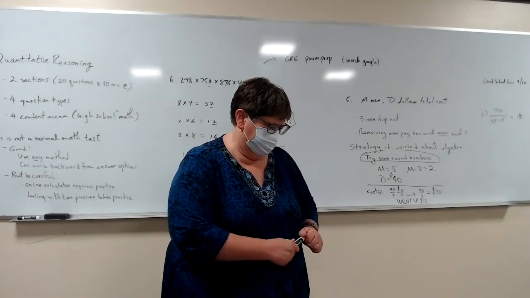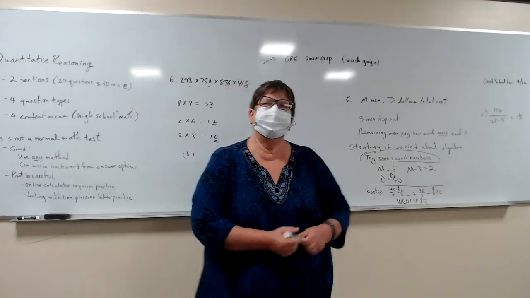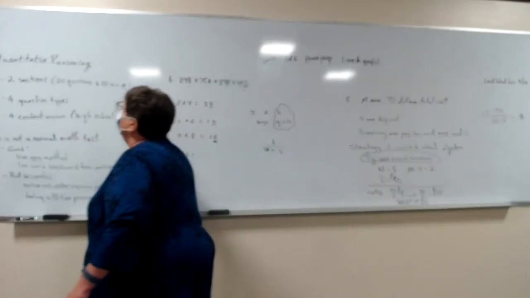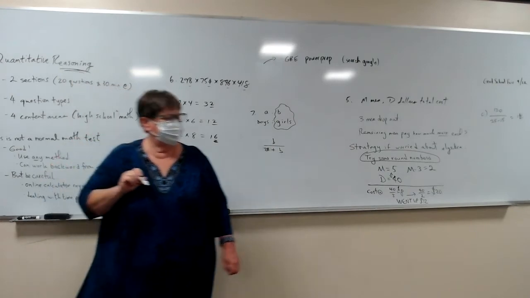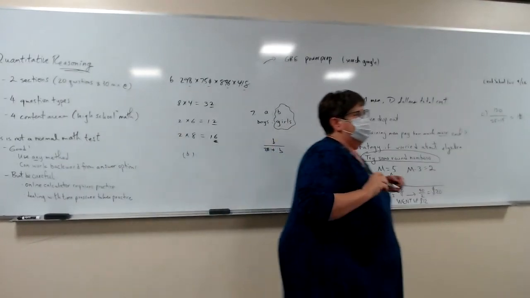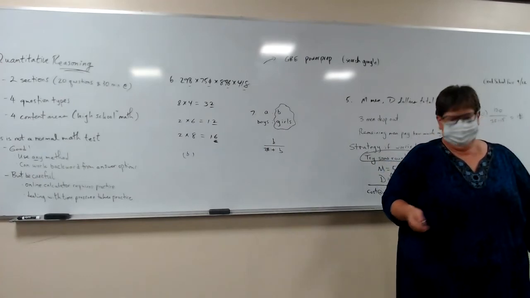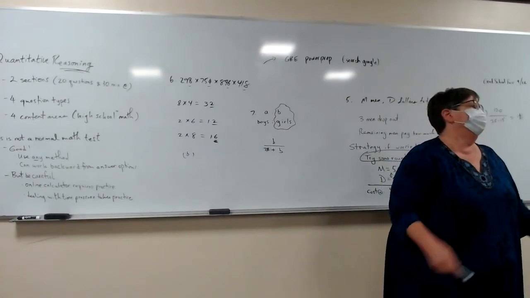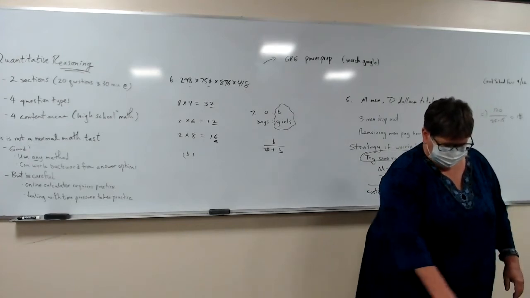Wow. This to me is a really good illustration of the fact that this is a reasoning test. So there is no formula per se, where you say, oh, I've done that problem a million times, I'm going to do this. You really need to think about this one, right?